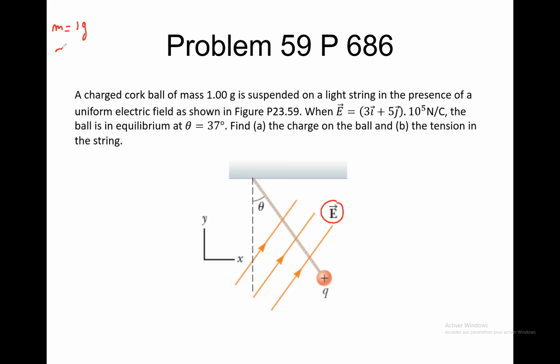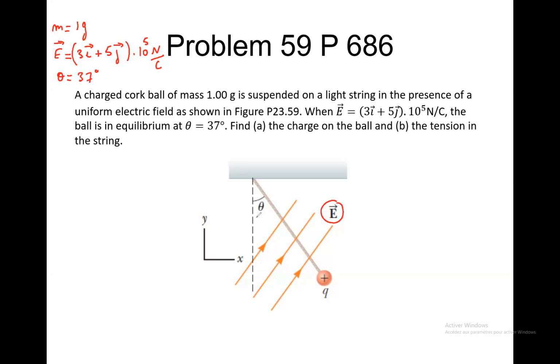When E equals 3i plus 5j times 10 power 5 Newton per Coulomb, the ball is in equilibrium at theta equal 37 degrees.